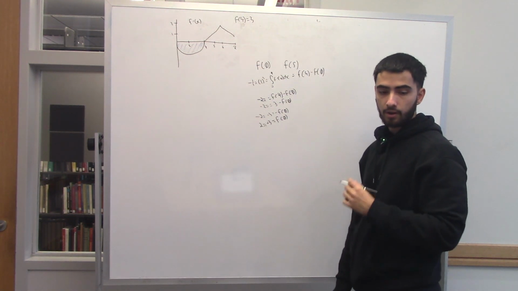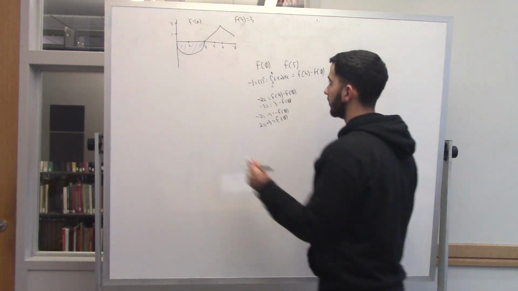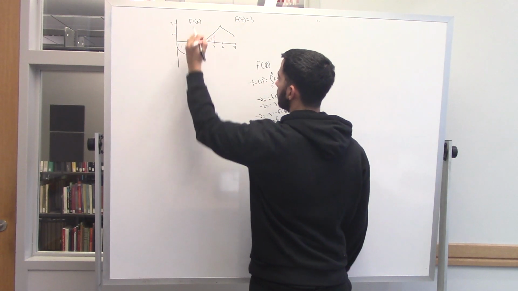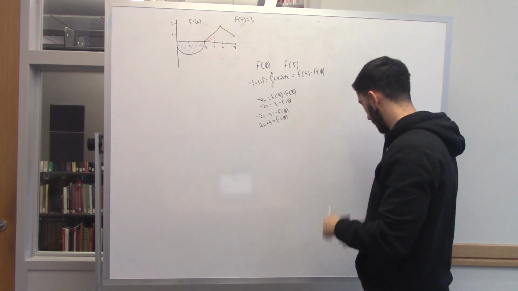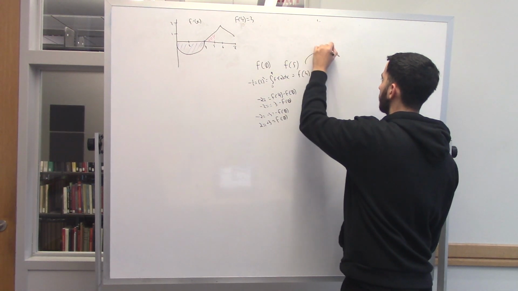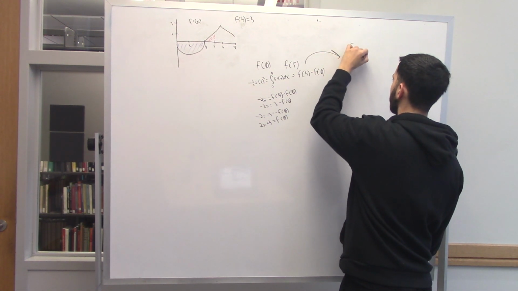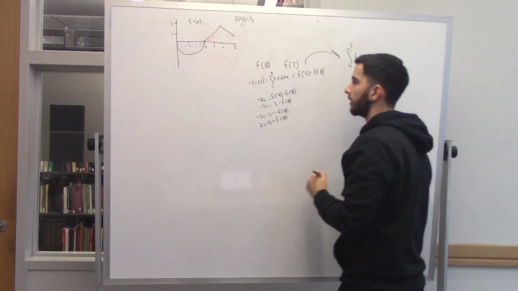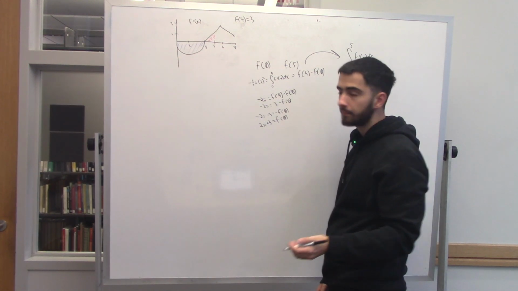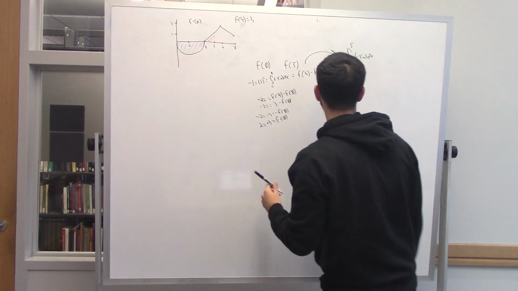Alright, now f of 5 is easier to get, but it's the same process, where we're looking for the area essentially formed by this red triangle. Alright, so that'll be the integral from 4 to 5 of f prime of x dx. Okay, well, the area formula for a triangle is just half the base times the height. In this case, we have a base of 1 and a height of 1.